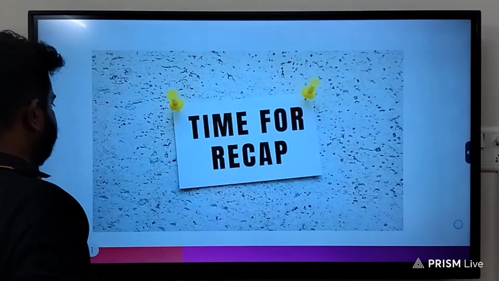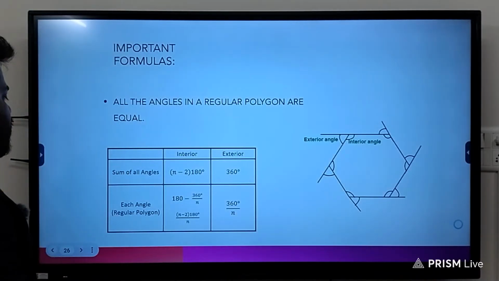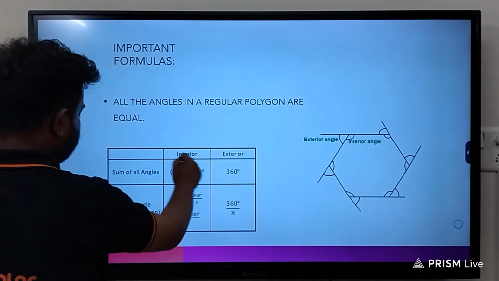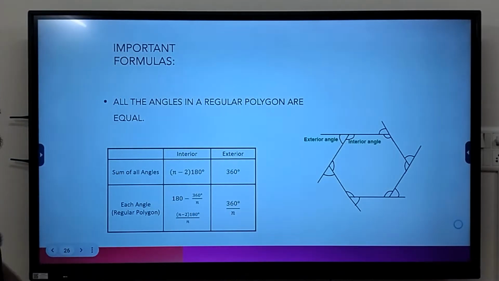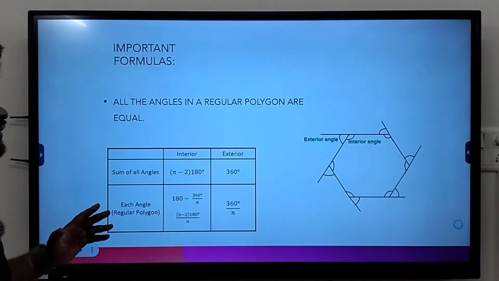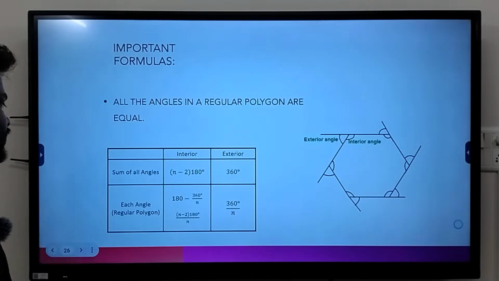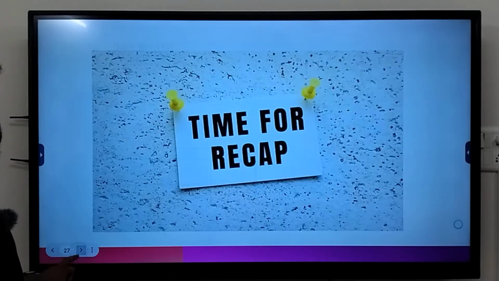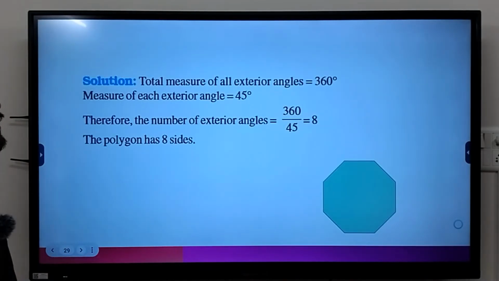They have taken this formula. We know that the sum of all exterior angles is 360 degrees, so we just divide 360 by 45. We will get the answer like this, and they have already done that.